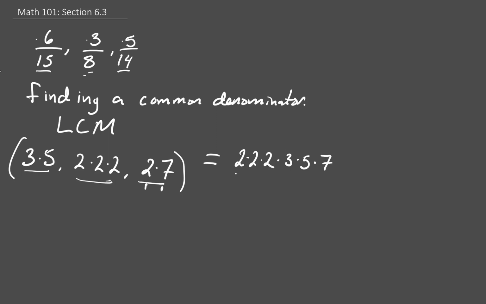So I take those 3 2's, a 3, a 5, and a 7, and I get the least common multiple of these three things. Okay, so that's going to be 8 times 3 times, say 21, so this is 24 times 21. Which is going to be some sort of large number.